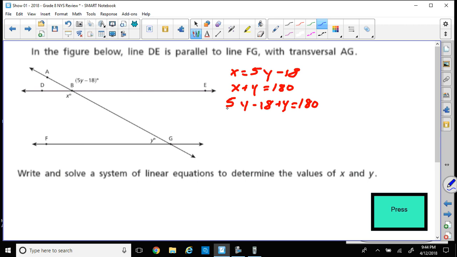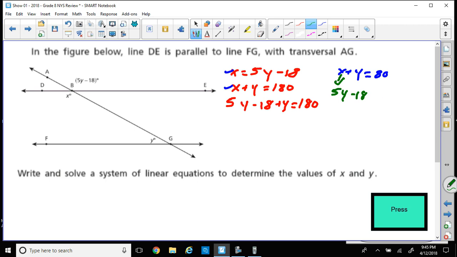So let's see. I'll use this one, x plus y equals 180. And I'll use this one, x equals 5y minus 18. What I'm going to do is put in place of this x, by substitution, 5y minus 18, and that's this x.